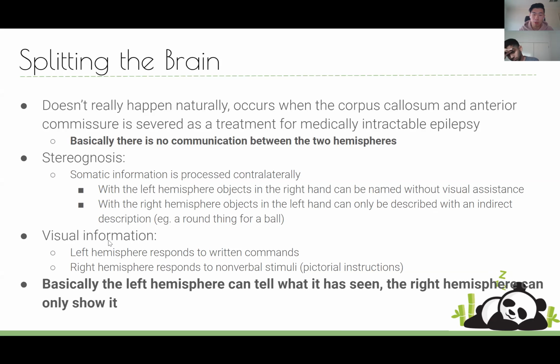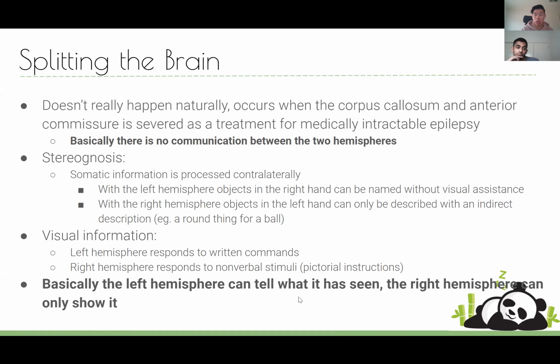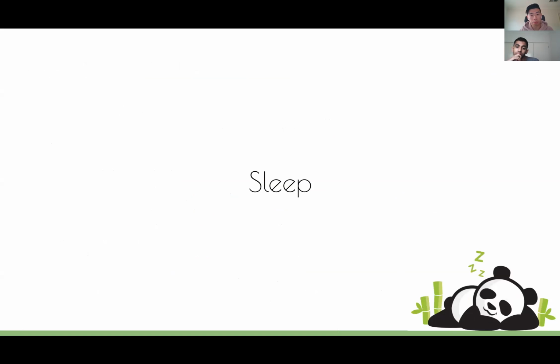And similarly with visual information, the left hemisphere responds to written commands, the right hemisphere responds to non-verbal stimuli. Effectively, to put it simply, the left hemisphere can tell what it has seen, the right hemisphere can only show it, instead of being able to say it as well. But that's related to dominance as well.